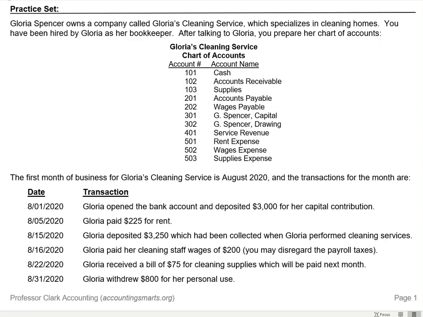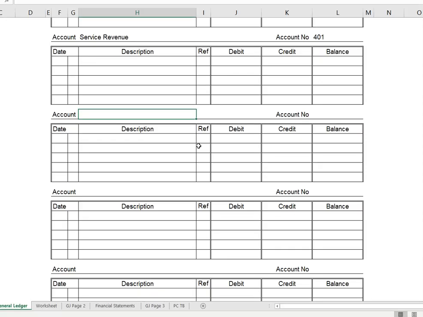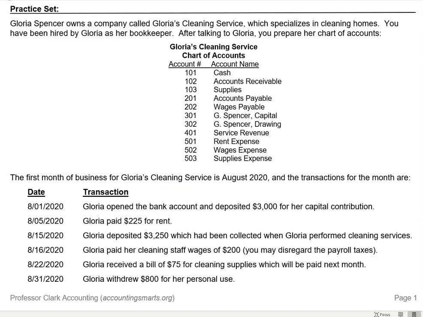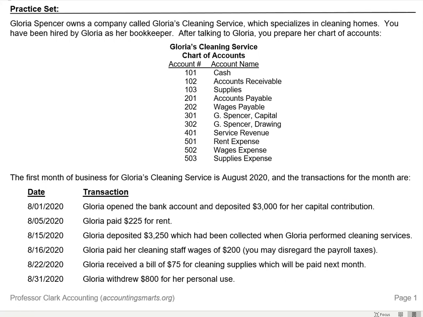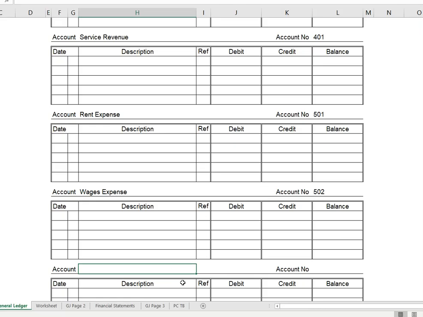Rent expense, 501. Wages expense, 502. And supplies expense, 503.